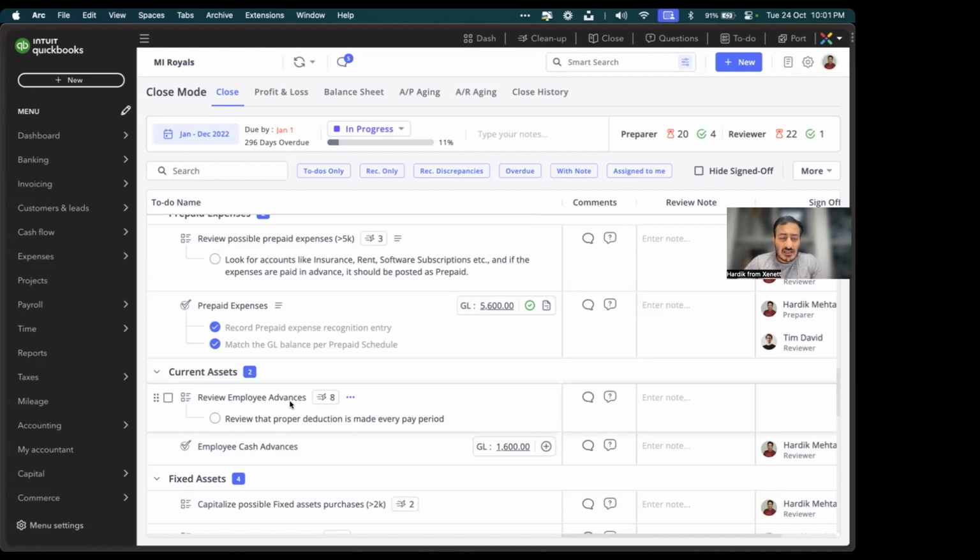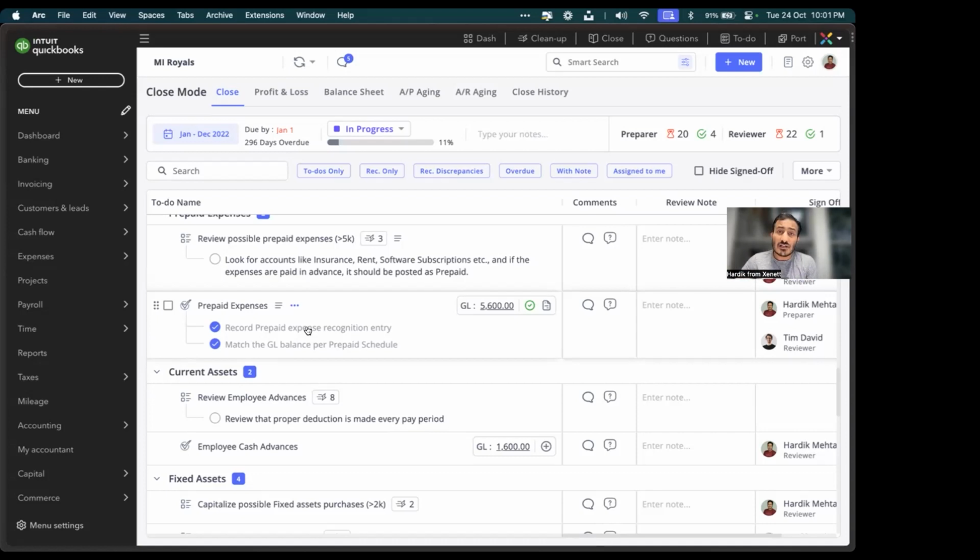Typically with employee advances, the most common practice I have seen is that we give an advance to an employee either through payroll or we write a check directly, right? And then from every pay period, we deduct some amount. Like let's say every pay period, we're going to be deducting 500 or 700, right? And that's how we're going to be deducting.